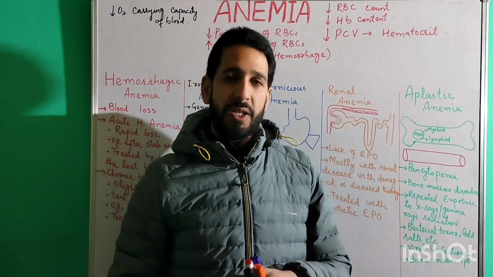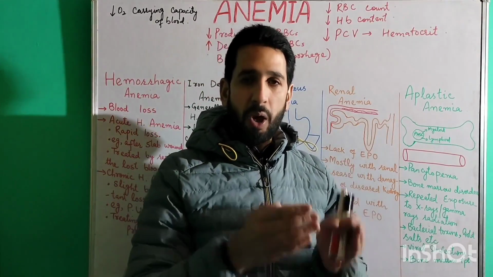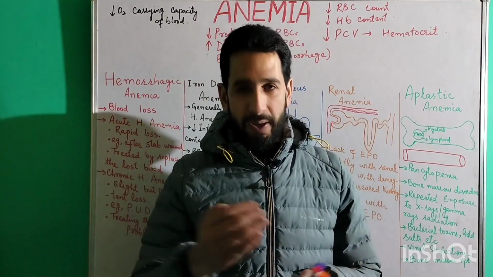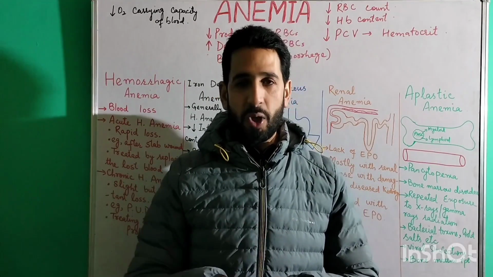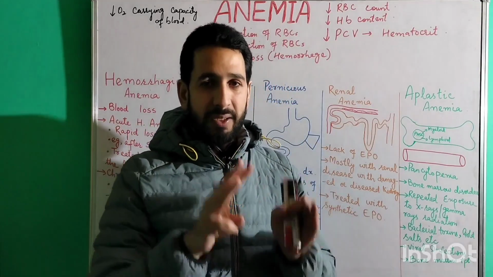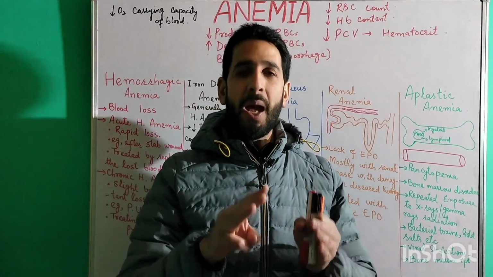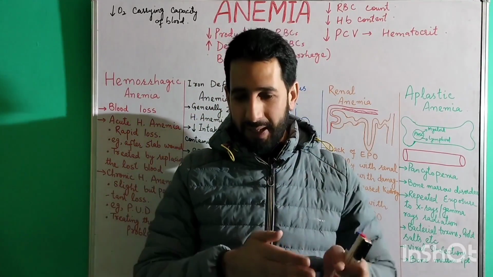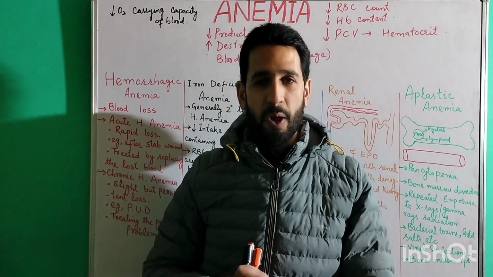Etiological classification means based on a particular cause, ये कौन सा type of anemia है. I have already told you there are mainly three causes for anemia, और इन्हीं causes को अब हम देखेंगे different types of anemia में.